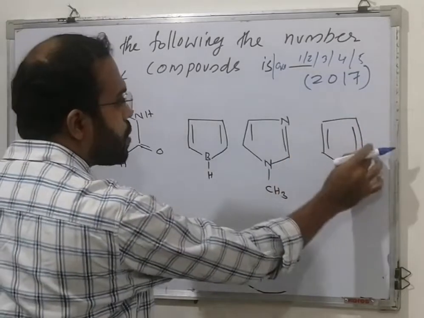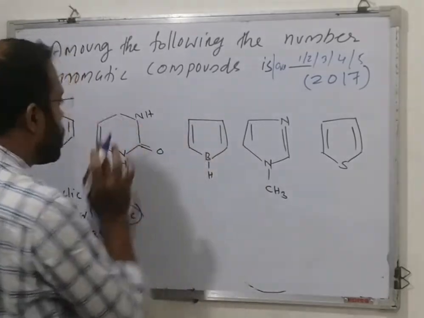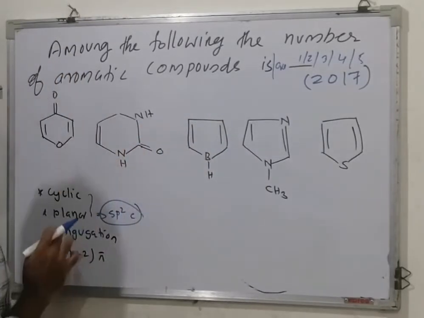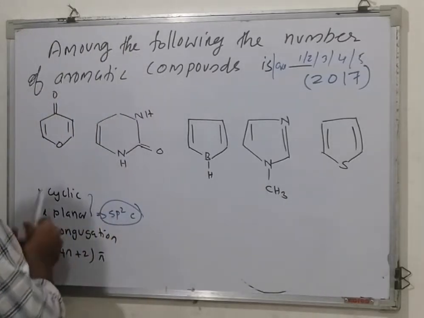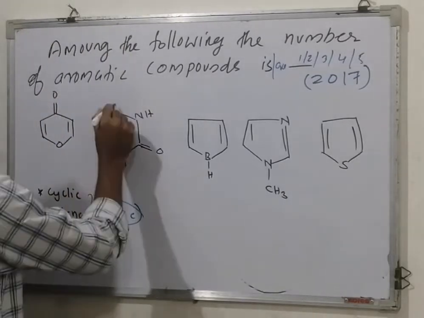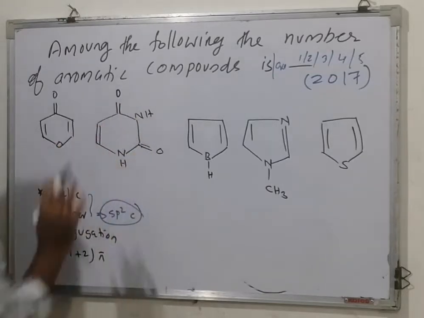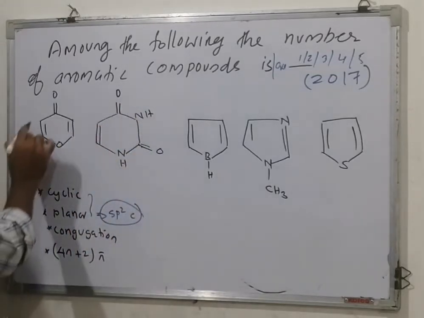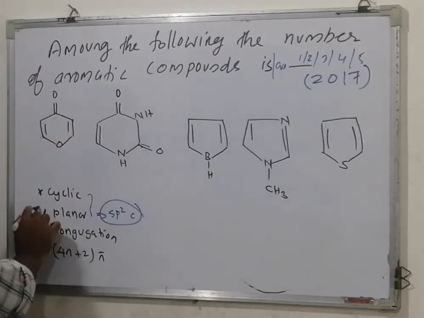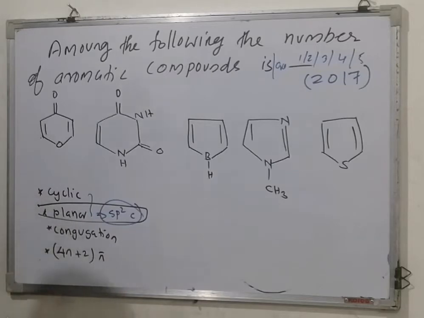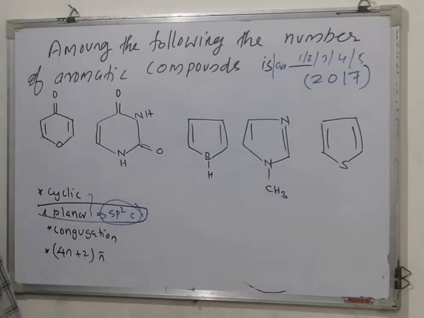This is sp2, this is sp2, and so on. All double bonded carbons are sp2. Okay, sp2 hybridized carbon is planar. Very simple. How do you check the sp2 hybridized? Carbon should be double bonded.